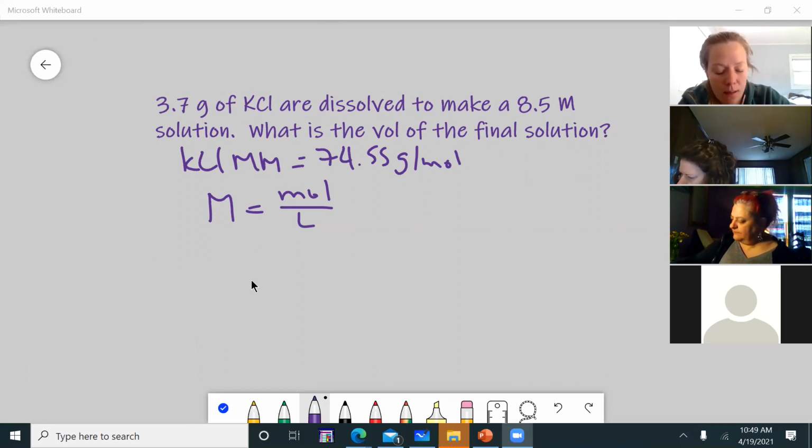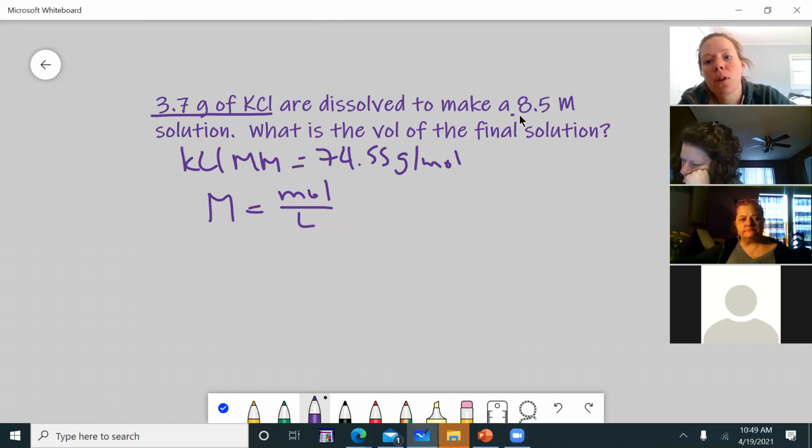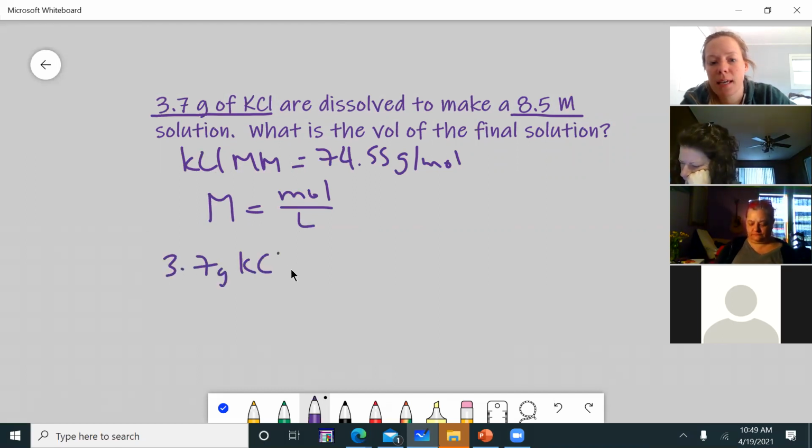Okay, so just for time's sake, I'm going to hop into this. We have an amount of mass, and we know the molarity. Mass isn't in this equation, but this is almost as good as moles if we just convert it to moles. So 3.7 grams of KCl.